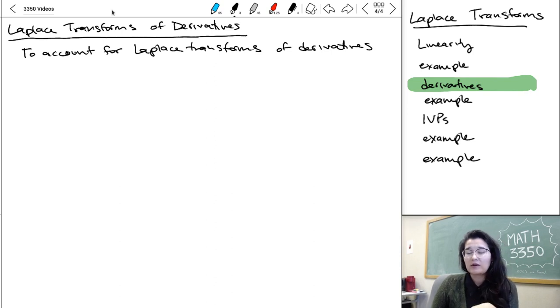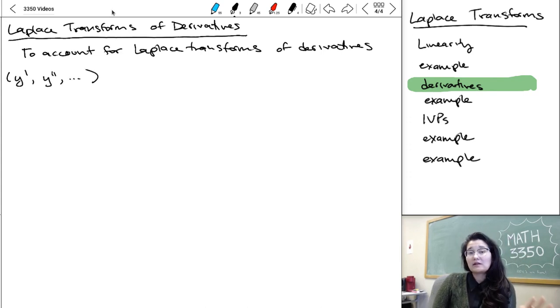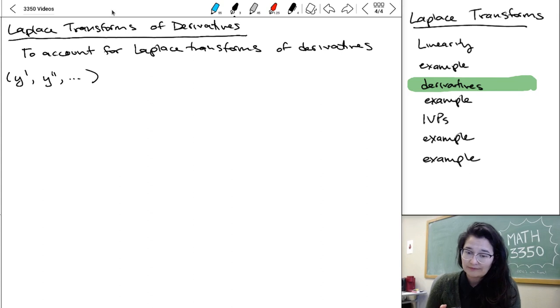When I say derivative, I mean that we're looking for our y prime, our y double prime, so on and so forth. If we use Laplace transforms in ODEs, we will definitely need to know how to take Laplace of y prime, for example.